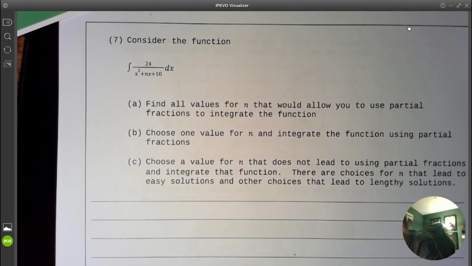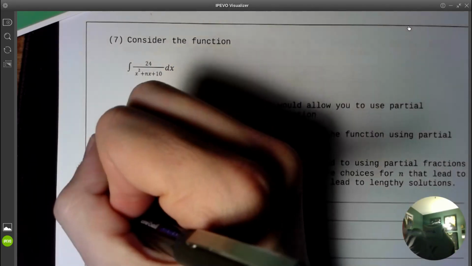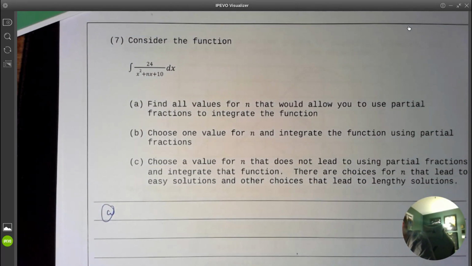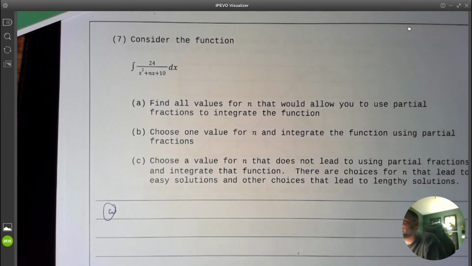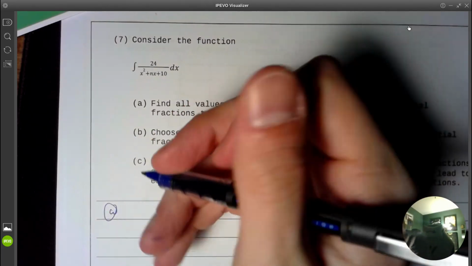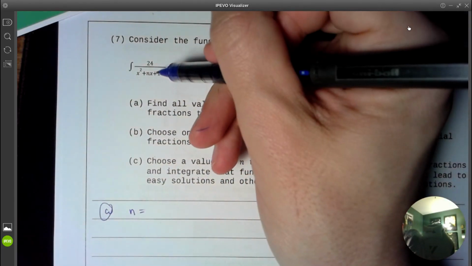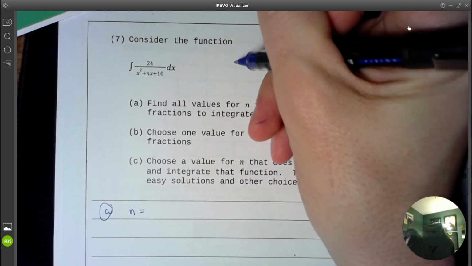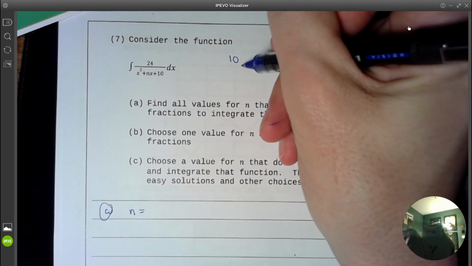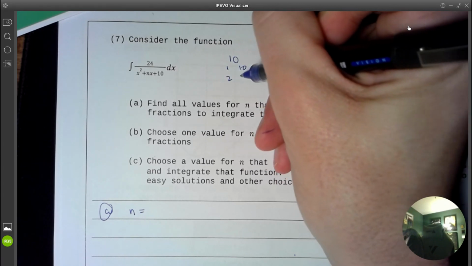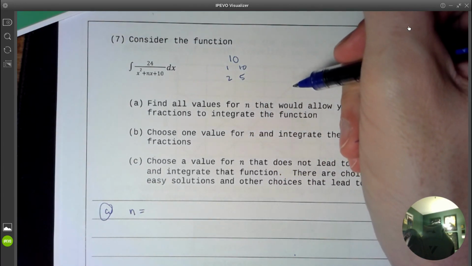Find all values of n that would allow you to use partial fractions to integrate the function. Partial fractions requires me to be able to factor. So how many different values could n be to allow me to factor this? It would be all the factors that make 10, which is 1 and 10, and 2 and 5.